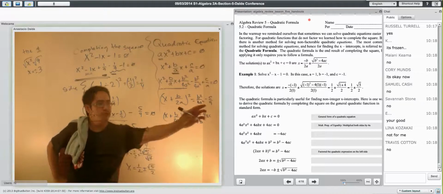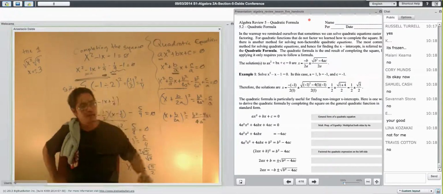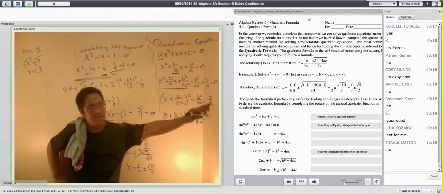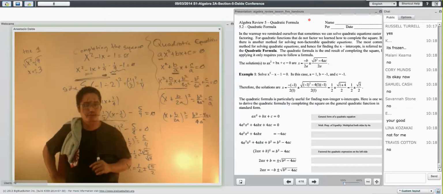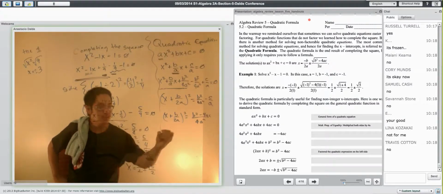All I did was I made these fractions the same, this is an a but not a 9 by the way, by multiplying the top and bottom of that right one by 4a.